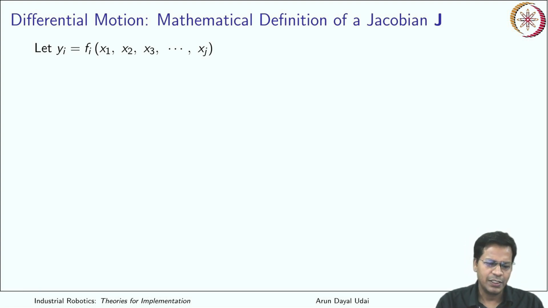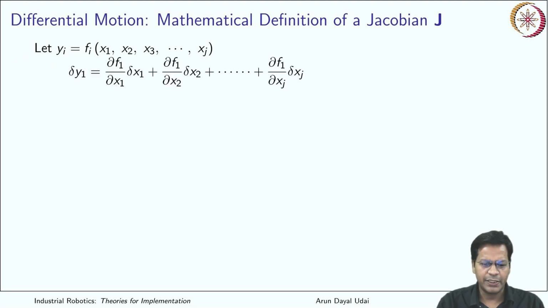Let us take a function of x, given by yi = f(x1, x2, x3, and so on, these are the input variables, till xj). Got it? So this is your function.